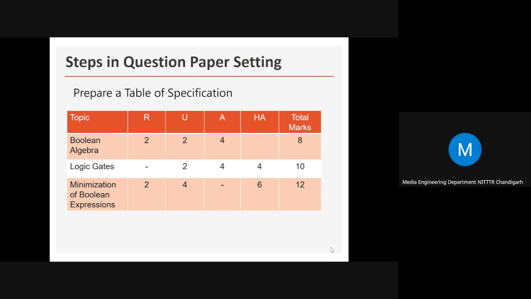If we have this table of specifications, then our questions will be distributed over different levels, right? So this should be prepared.